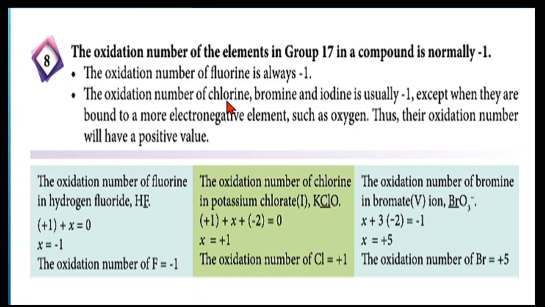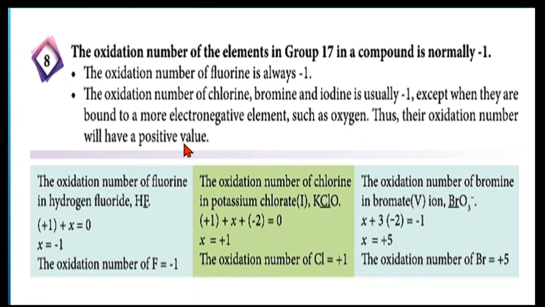Tetapi oxidation number untuk chlorine, bromine, iodine biasanya negatif 1 kan, because diorang ni they are in group 17, so usually negative 1. Tetapi bila chlorine, bromine, iodine dia bound to element yang lebih electronegative, more electronegative element seperti oksigen, okay, so dia punya oxidation number akan bertukar menjadi positif.